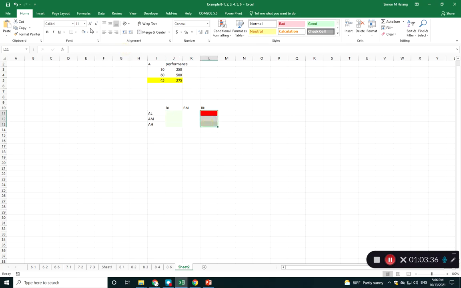If the effect is like this, this is what? There is a quadratic B effect, right? B low is one level, B high is one level, but somewhere in the middle is another level. So everybody sees this is a quadratic B effect.